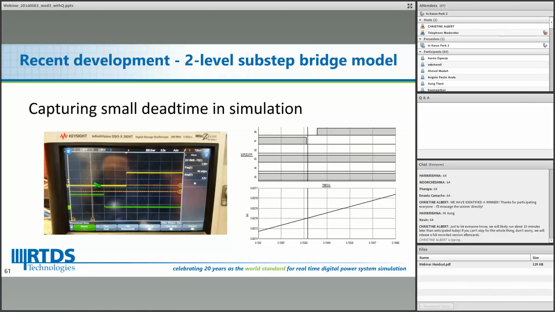As you can see from this scope screen, the size of dead time is 1 microsecond, 2 squares in this scope. Then we can capture that dead time event in our subsystem model like this. So by using the subsystem model, we can capture very short duration time events in our simulation.